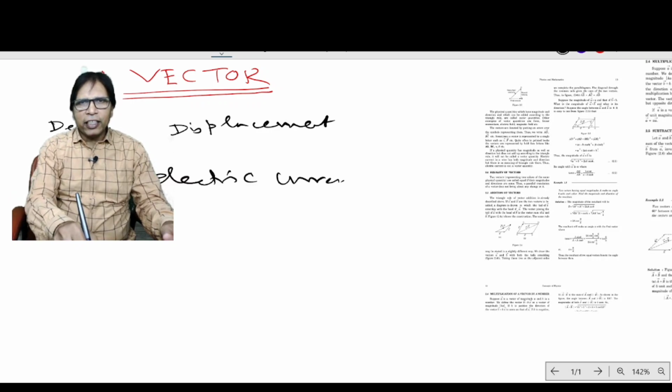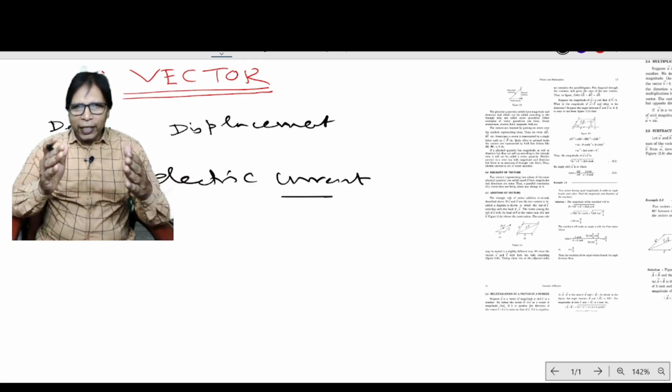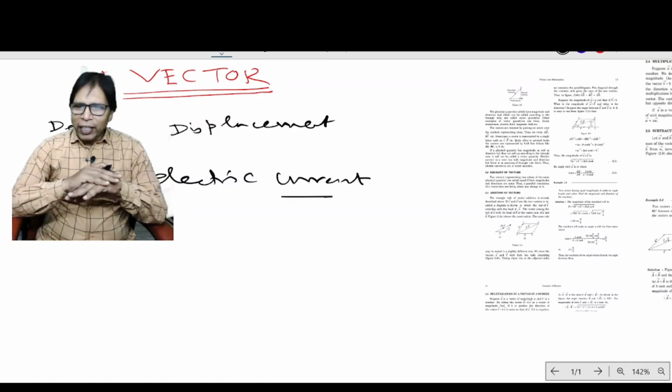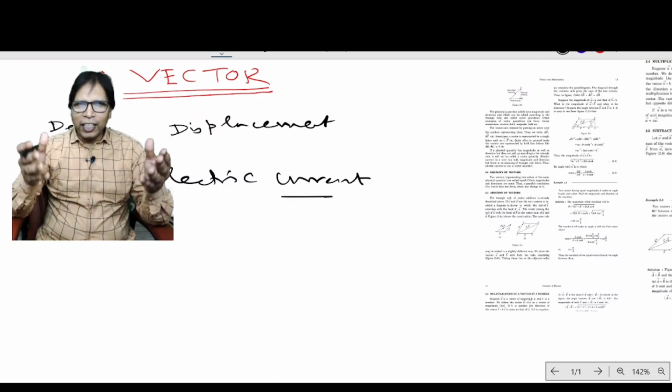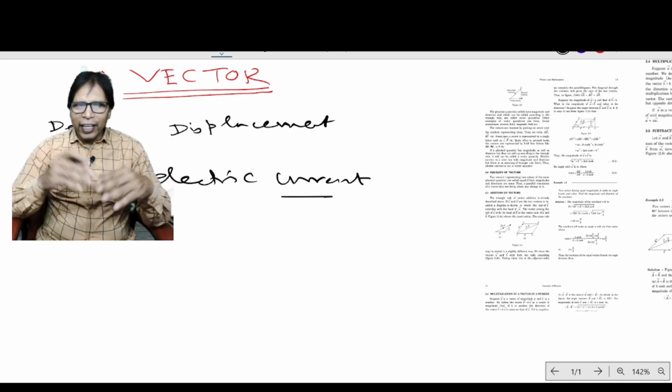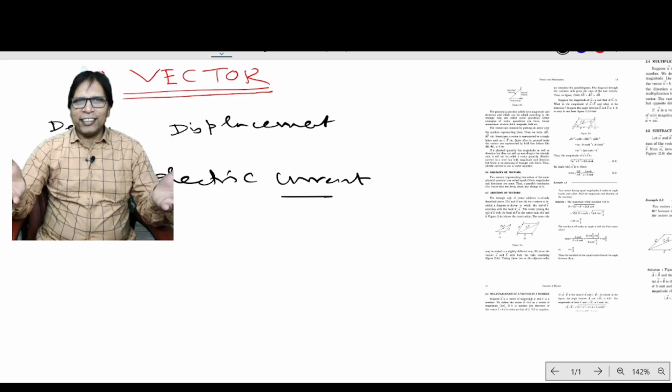Electric current has both magnitude and direction, but it is not a vector because it does not obey the triangle law of vector addition.